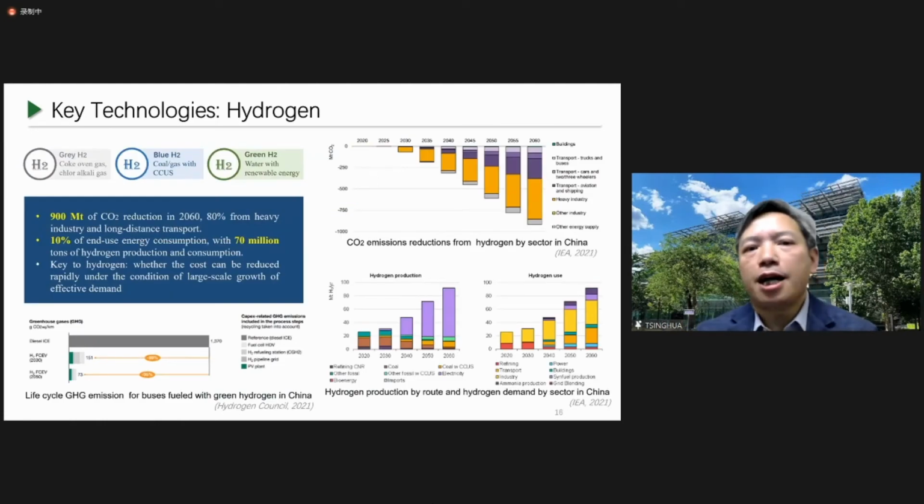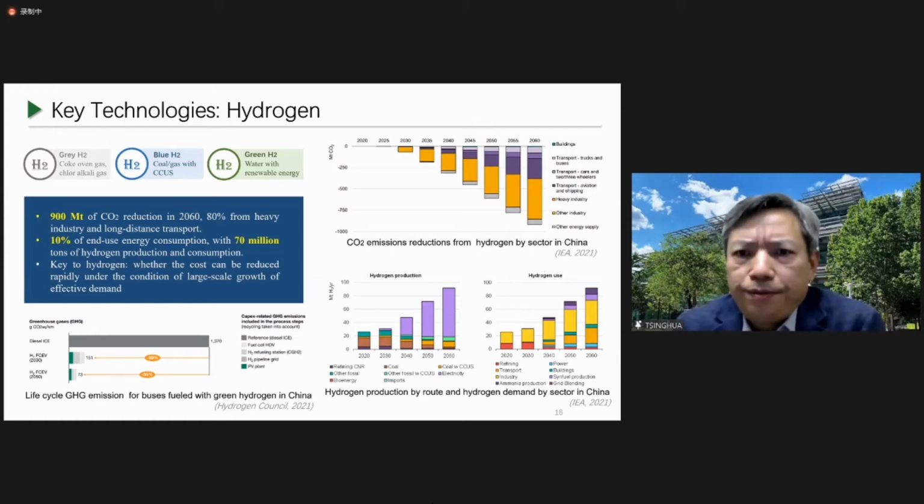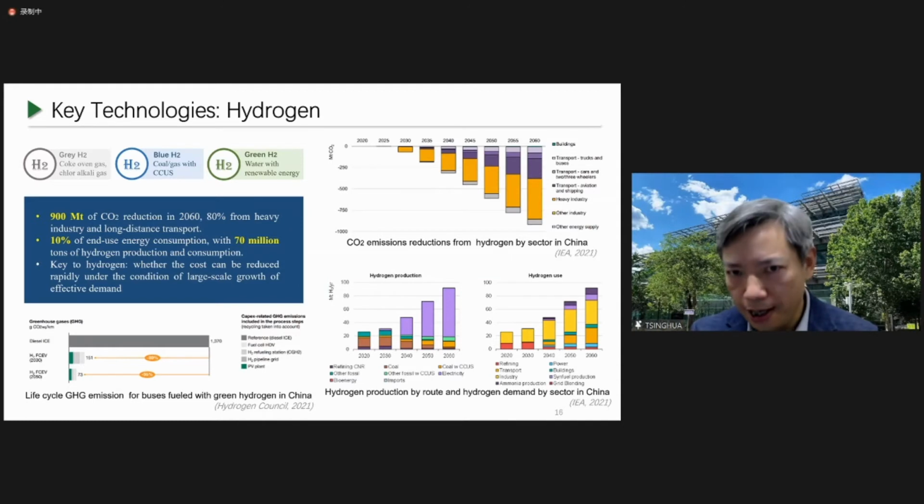Now, it comes to hydrogen. Hydrogen as an energy carrier like electricity can be an option to decarbonize energy and use sectors where few alternatives exist, notably long-distance transportation, chemicals, and iron and steel industries.